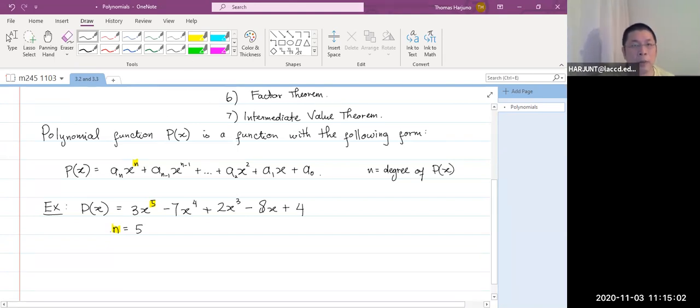Now then, how about a sub 5? A sub 5 is the coefficient of the term with degree 5. So if this is 5, then this is a sub 5. A sub 4 is the coefficient of the term with degree 4. So a sub 4 will be -7.